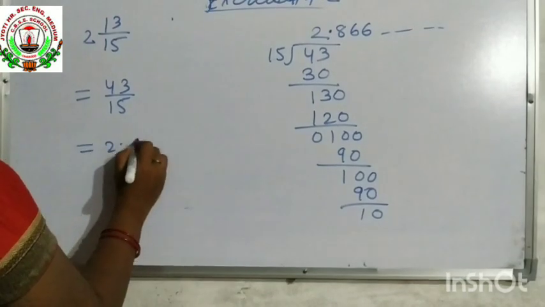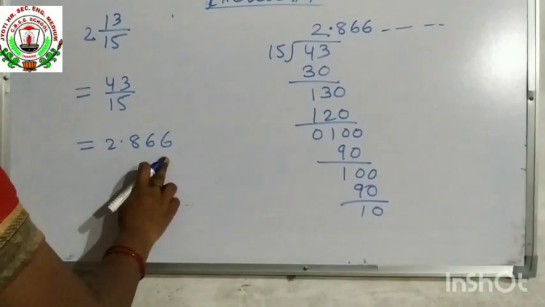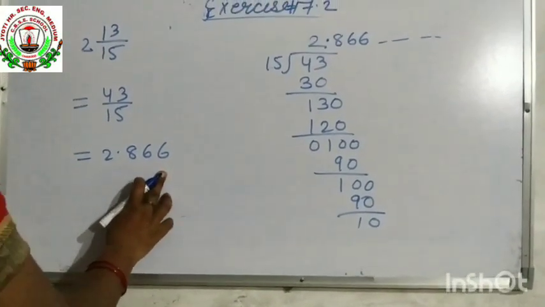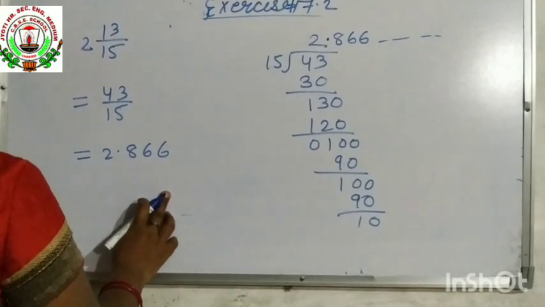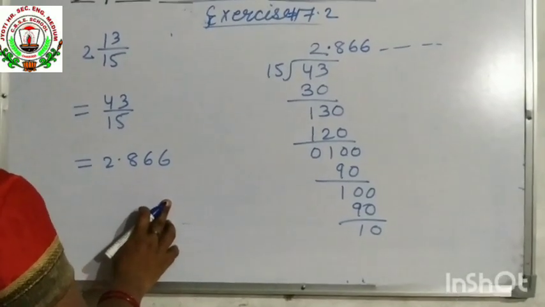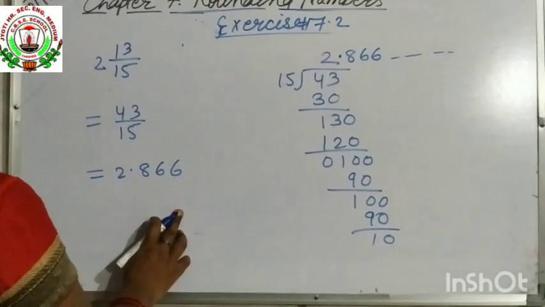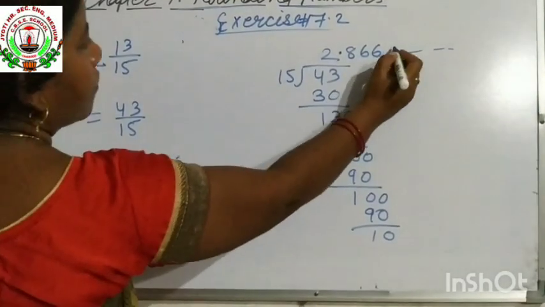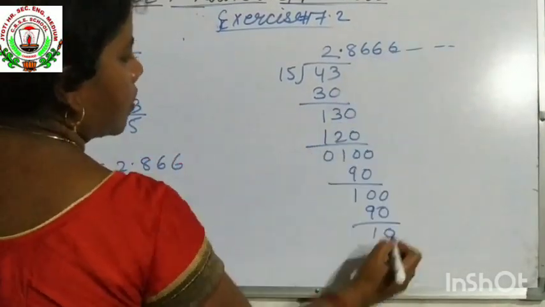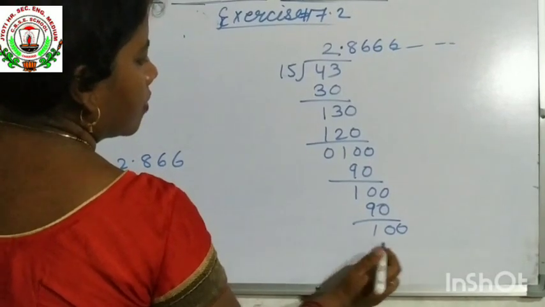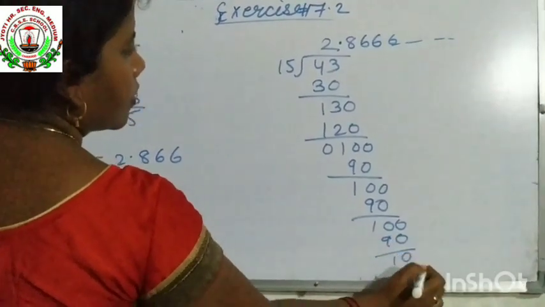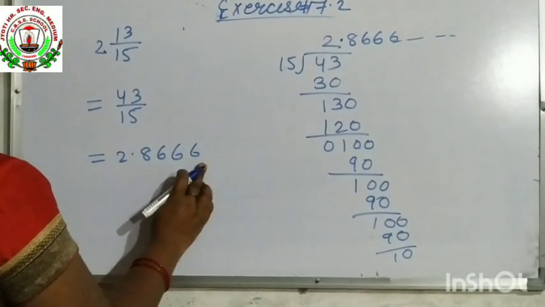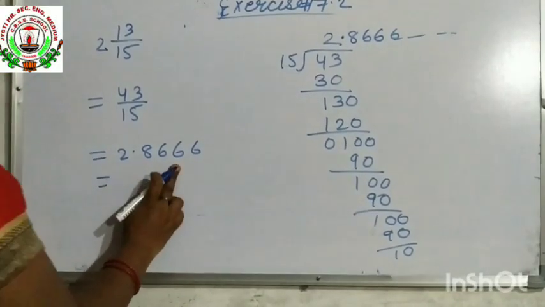So after dividing we are getting 2.866. Now we have to round up to 3 places. Up to 3 places we have to round up. Again when you do this, again 6 will come here. Now 4 digits we have taken. Now we have to round up the 3 decimals.